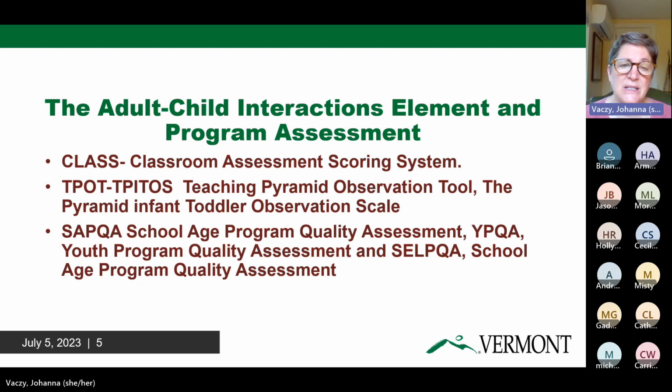And there's the SEL program quality assessment, which is social emotional learning program quality assessment. And I think there are some other ones, but for now, these are the ones we'll be using for STARS. These assessments will also be provided by Vermont Afterschool, but will be accessed through the Sparks program.